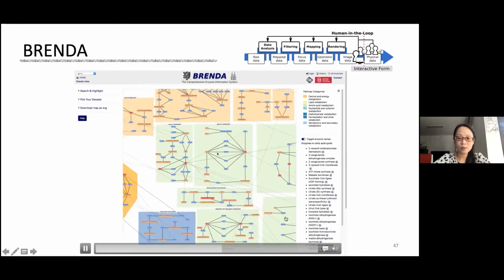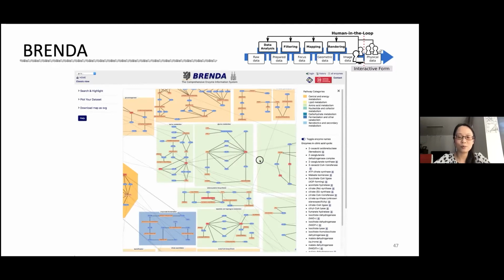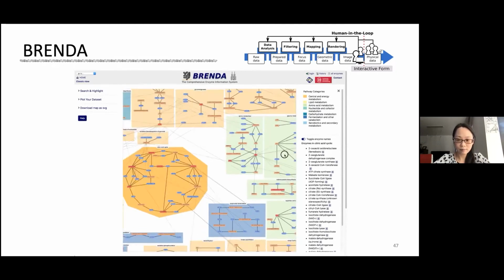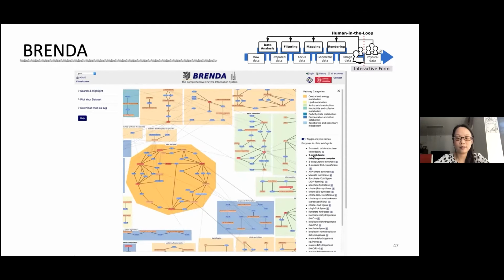However, even those small diagrams are semi-automatically created by humans. What I mean by semi-automatic here is that you need to use a tool to drag around the vertices and edges in order to have a good layout representation.